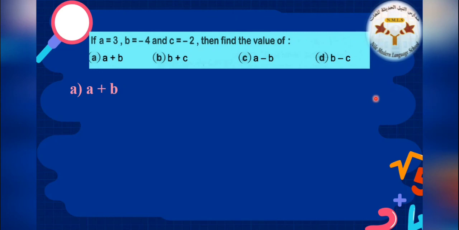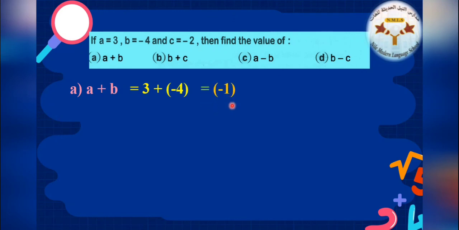So a is 3 and b is negative 4. This means 3 plus negative 4. Different signs. Find the difference. Keep the greater sign. 4 minus 3 is 1. The greater number is 4 with the negative sign. So the answer is negative 1.